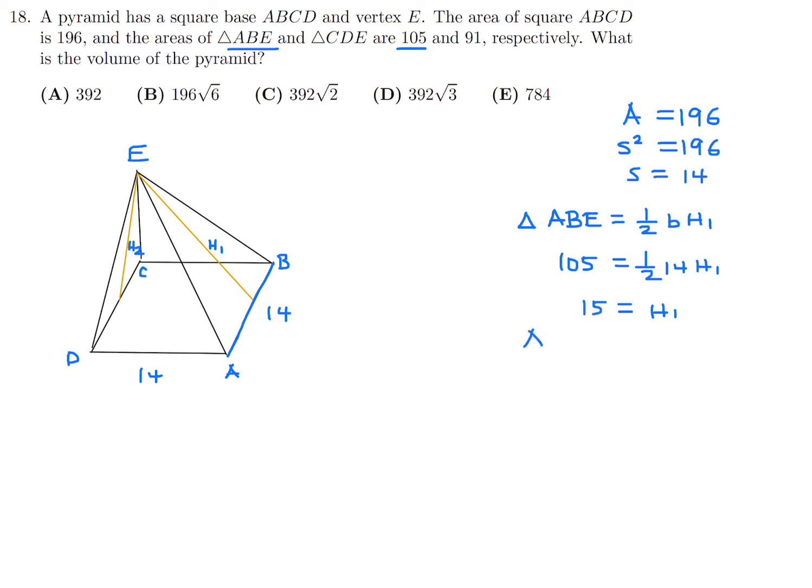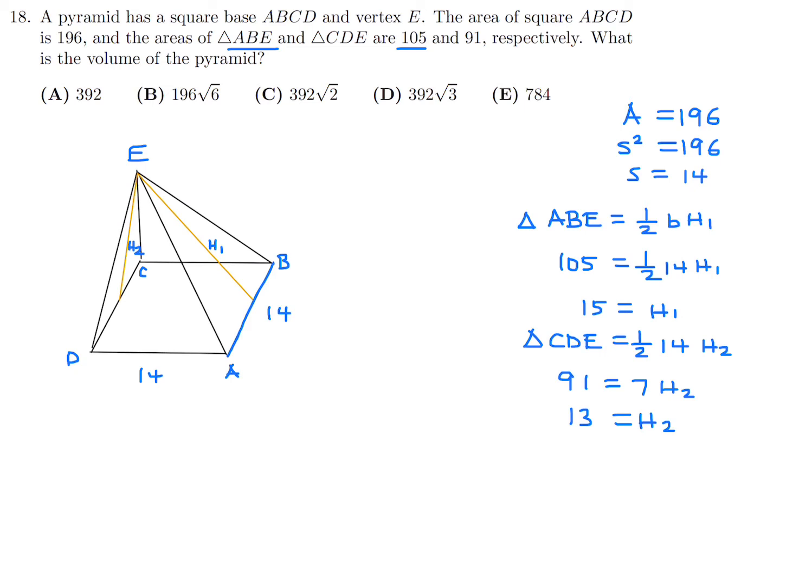All right? And very similarly, we can figure out H2 with triangle CDE. That is, again, 1/2 base times height. The base is 14. And the height we are calling H2. And they tell me that's 91. So 1/2 of 14, that's 7. So 7H2. So that means H2 is 13. All right. So those two calculations are fairly straightforward.